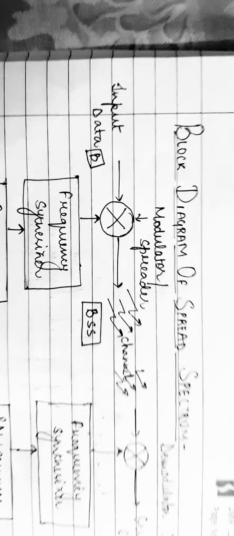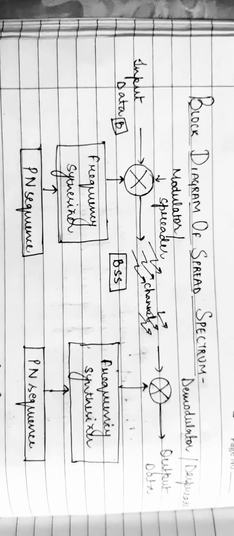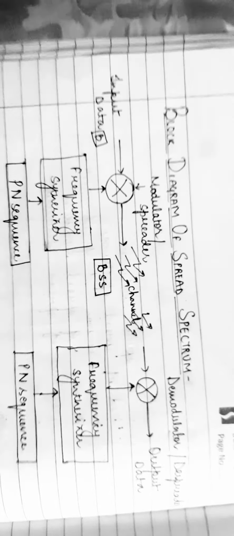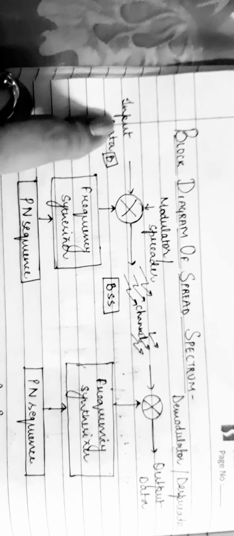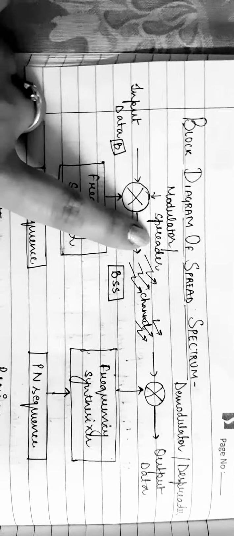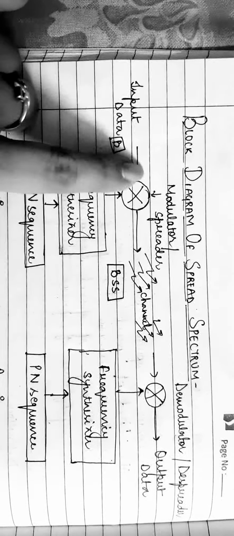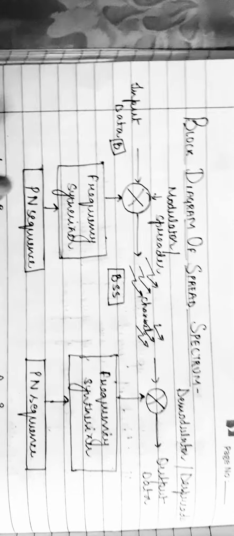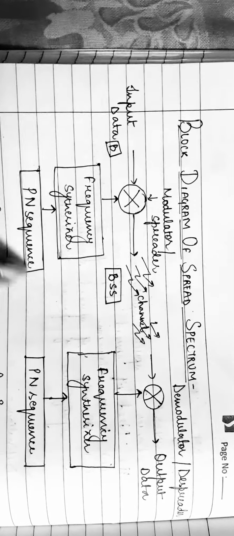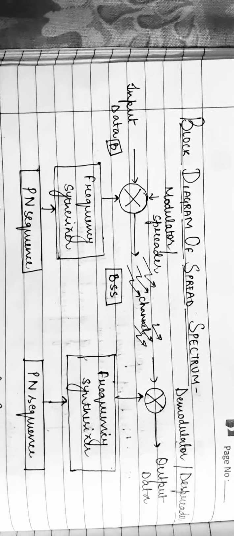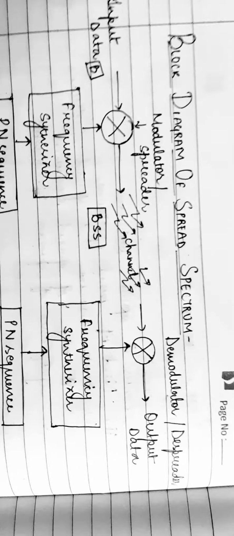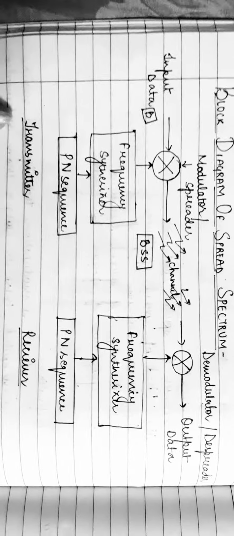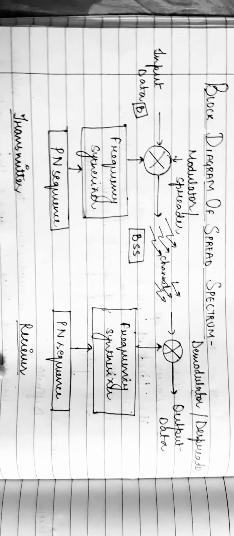Now coming to the basic block diagram of spread spectrum. Here we have the input data. This is known as your modulator or spreader. The modulator or spreader is connected with the frequency synthesizer, and it is connected to the PN sequence. This is your transmitter side, and here we have the receiver side.